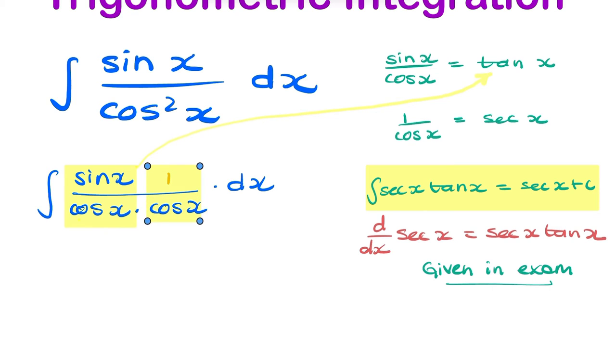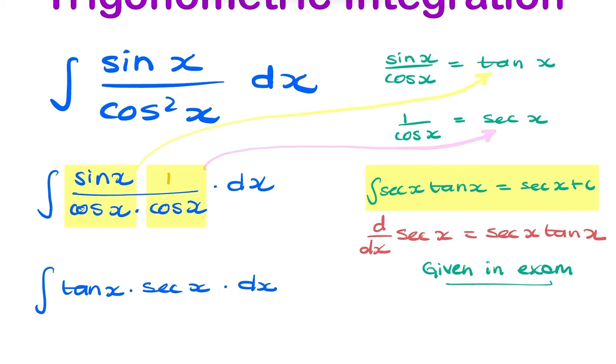That's the definition of secant. So I now have these two blocks that I can replace. So this is secant. So my integration now becomes tan x times secant x dx.